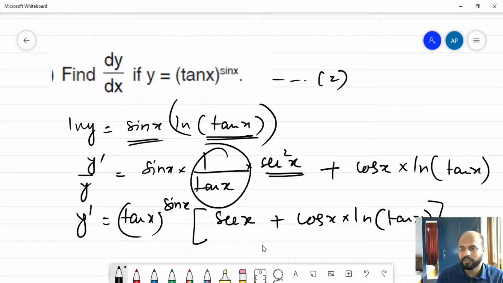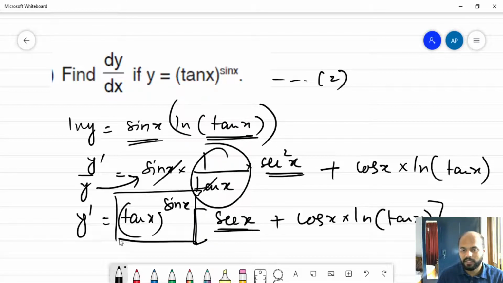That would be the answer to this question. Because here, this sin x and sin x will get cancelled, and there will be 1 by cos x, which we would write as sec x. Only one sec x will remain. That is the answer to this question, because this y goes on this side, and we have to write it in this form.